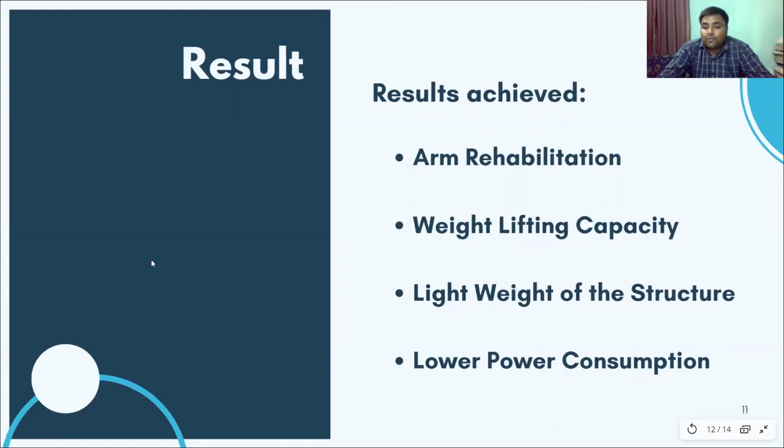Then it comes to the lightweight of the structure. As the user has to wear this design on their body, it has to be lightweight. And as I said earlier, the weight of our structure is 2.1 kg, and in addition, the material that we use to hang the device on our body is so perfect that it easily passes the weight of the structure equally through our body, and thus the user will feel very comfortable using this design.